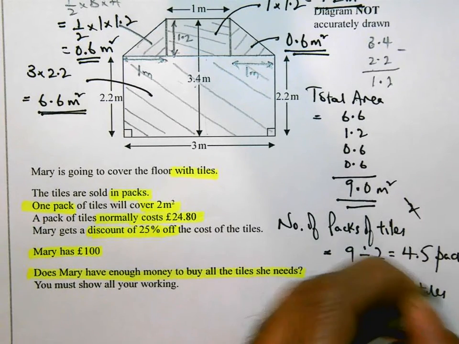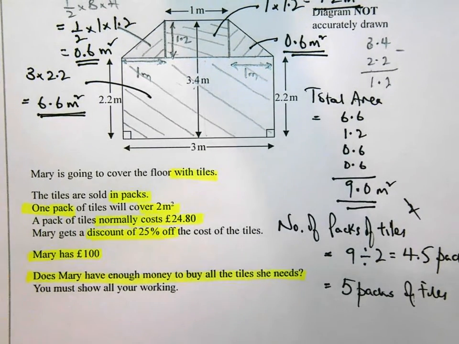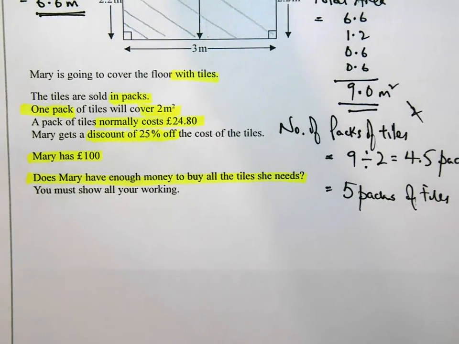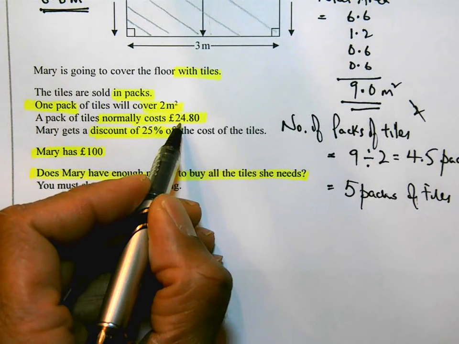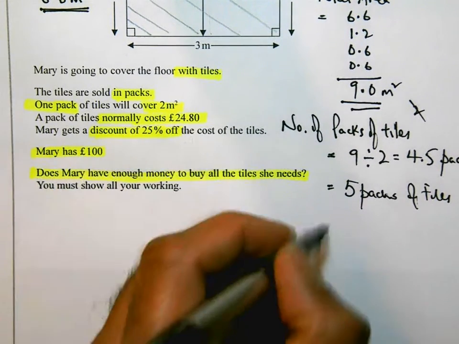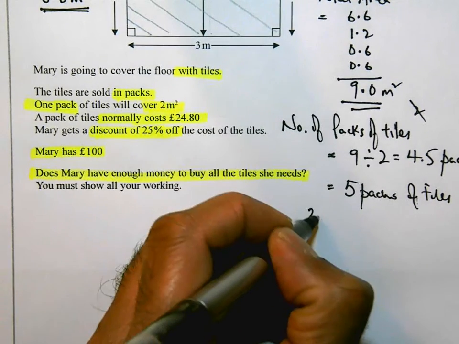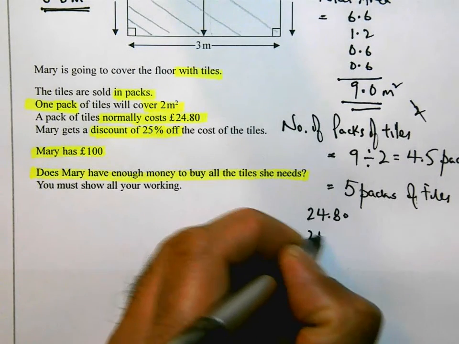Okay, so if you buy 5 packs of tiles, how much is that going to cost her altogether? Each pack of tiles normally costs £24.80. So 5 packs, I'm thinking the easiest way to do this is £24.80, and I need to know what 5 lots of these add up to.